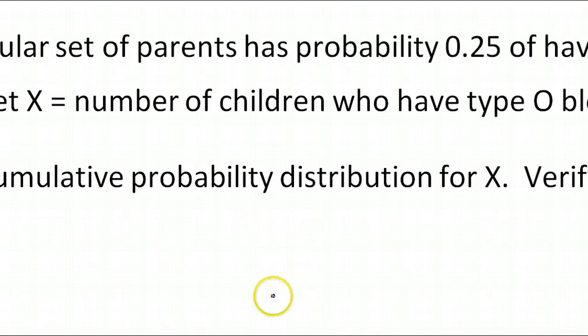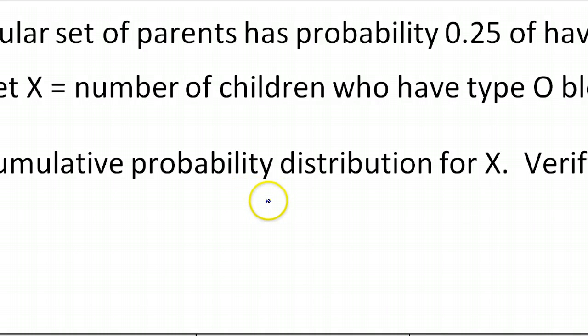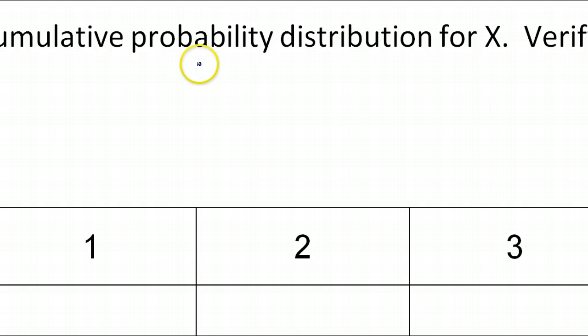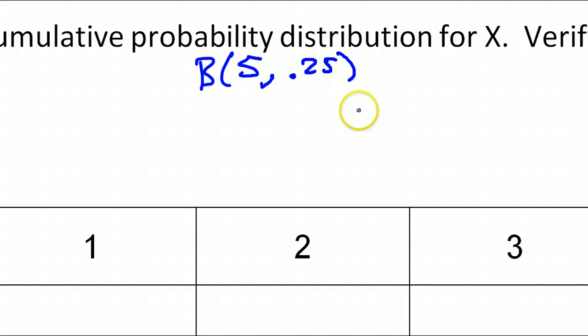Keeping in mind what we have, we have 0.25. Remember that we have a binomial distribution with 5 trials and 25% probability of success. So we summarize that this way.